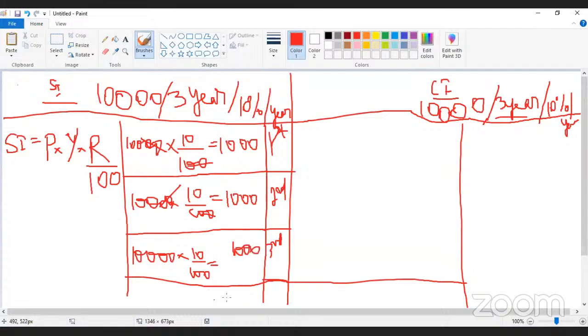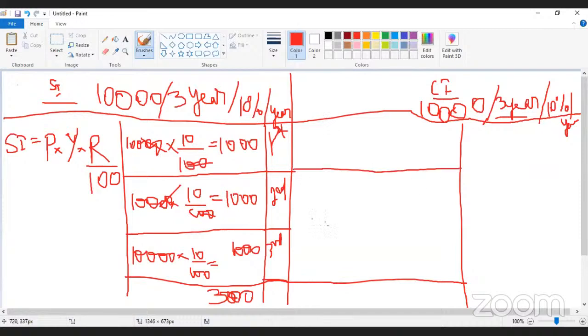So at the end of 3 years, he got 3,000 interest, which is an additional amount over the 10,000 he had. Are you clear with that? Yes, sir. Okay.